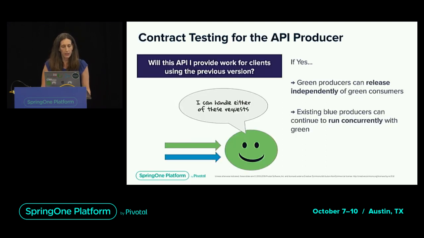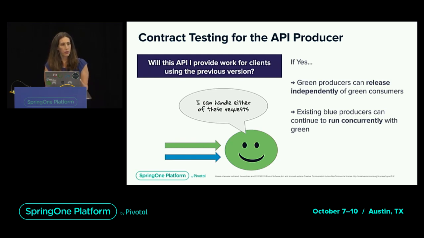In particular, the kind of testing that we want to focus on for APIs is, if you're deploying a new version of an API producer, you want to know that if your application receives requests from consumers who have not yet updated to that API version, you can still handle them, right? So that you have made any API changes in a back-compatible way.